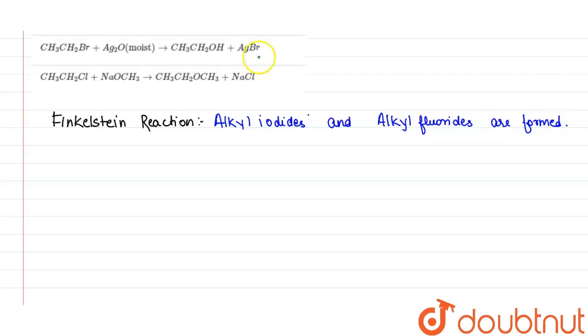These reactions occur by SN2 mechanism. And the most important thing is it is a halogen exchange reaction. It is also known as halogen exchange reaction. It means that one halogen will come and replace another halogen from the reactant.